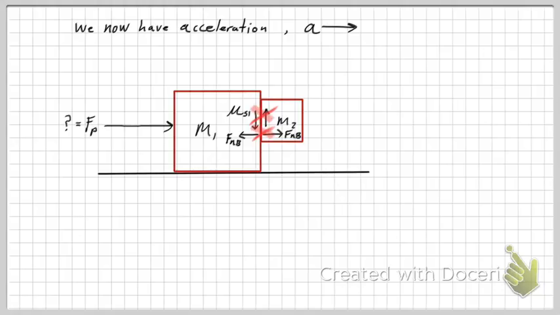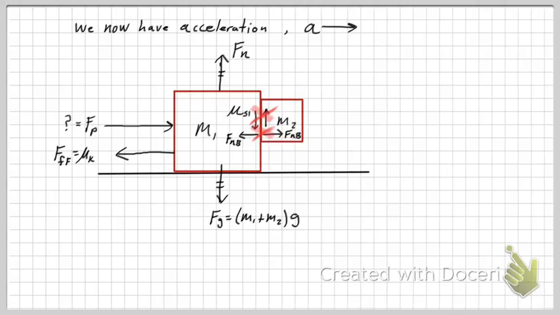So I can treat this as one entire mass, all right, which means I can find the weight of the entire system together. Okay, that makes my force normal easy. Those two are going to be congruent. I have this force friction due to the floor, which is mu k times force normal.